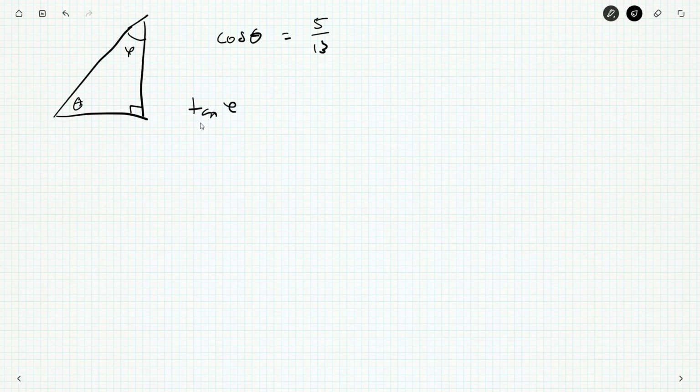Okay, so with SOHCAHTOA, cosine tells us that, so there's our B, there's our A, there's our C. So cosine tells us that opposite of the angle, CB, or sorry, not opposite, adjacent. What am I doing? Adjacent to the angle. So AB, which we know is 10, over the hypotenuse AC is the same as 5/13.